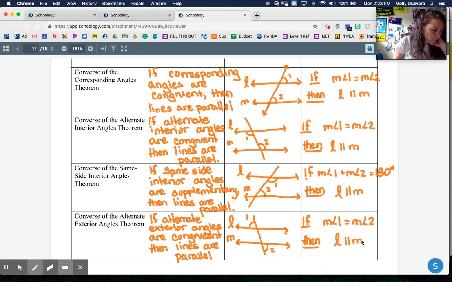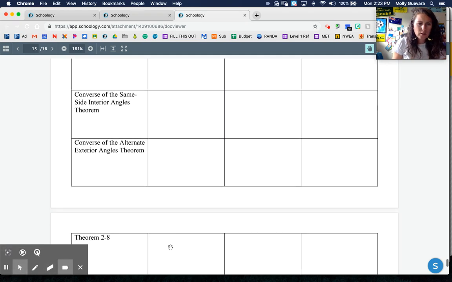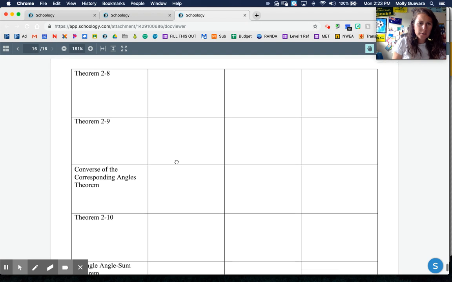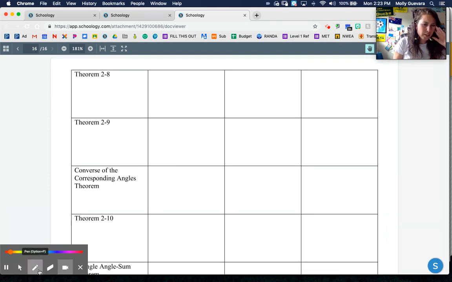And we have a couple more. I'm going to go ahead and clear this, and let's scroll down because we have a couple more to look at here. Theorem 2-8 and theorem 2-9.